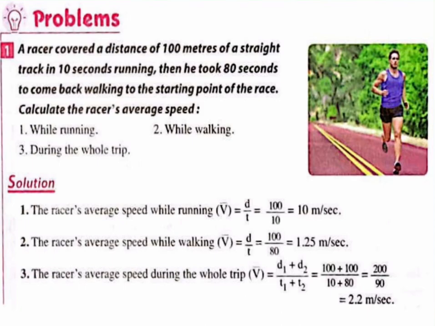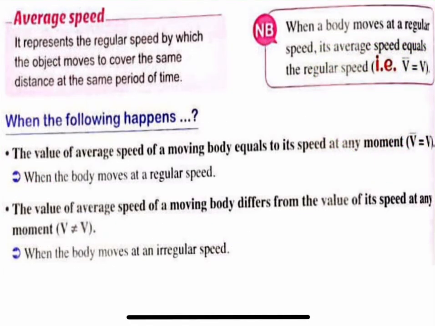So the racer's average speed during the whole trip, here you will add D1 plus D2 over T1 plus T2, 100 plus 100 over 10 plus 80, equals 200 over 90, equals 2.2. Okay, so average speed, we have another definition.